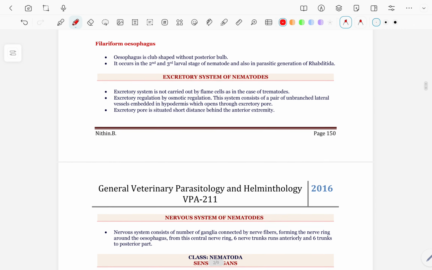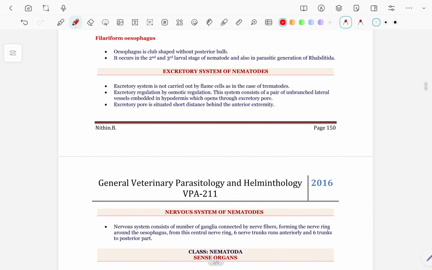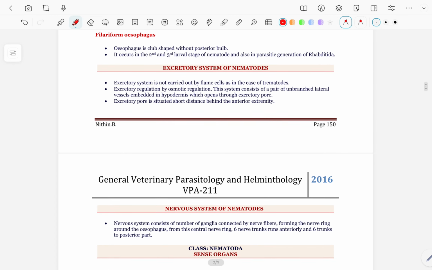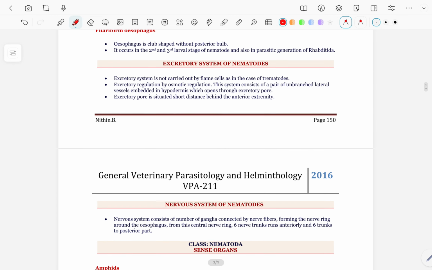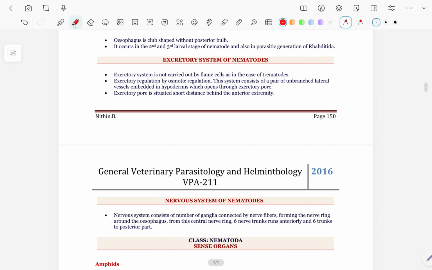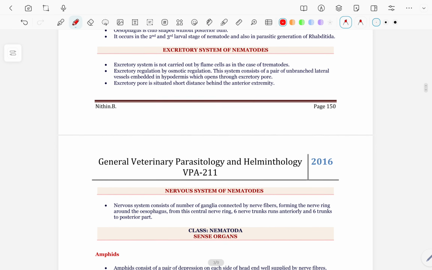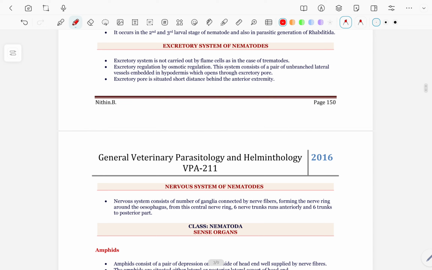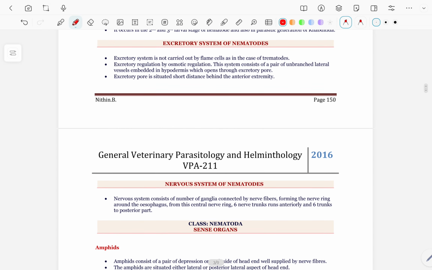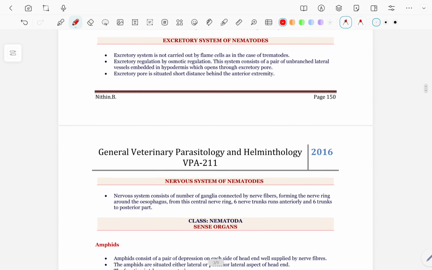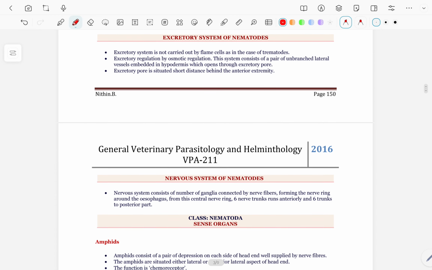Excretory system of nematodes. Excretory function is not carried out by flame cells as in the case of trematodes. Excretory regulation is by osmotic regulation. This system consists of a pair of unbranched lateral vessels embedded in the hypodermis which open through the excretory pore.